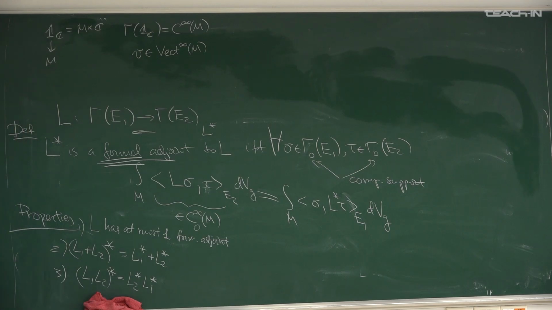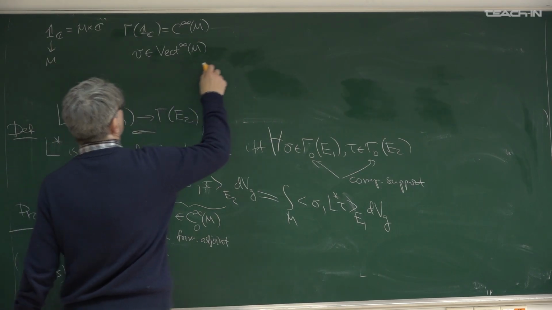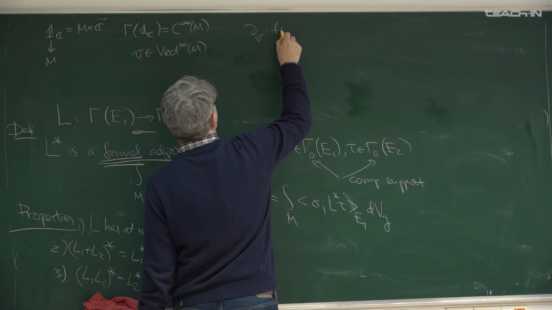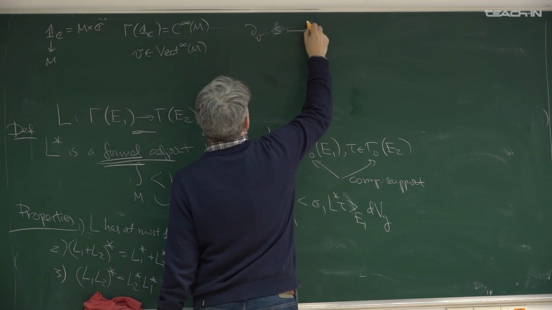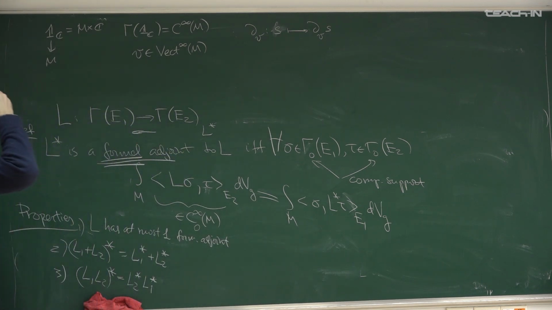Then there is a differential operator. In the previous example it was Rn, and this was just a constant vector field. But now I want to consider an arbitrary vector field. And then I can define the following operator, dv, which sends a function, which I wrote as a section, to the derivative of the section along the vector field v.